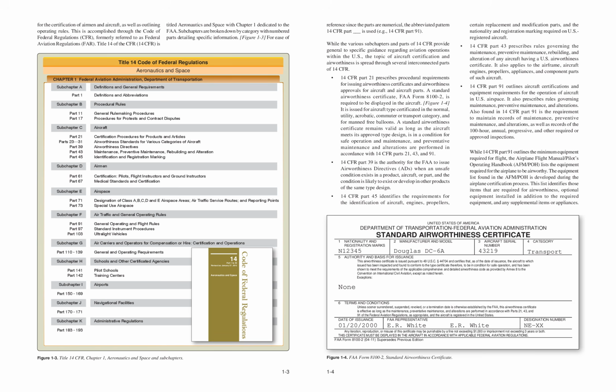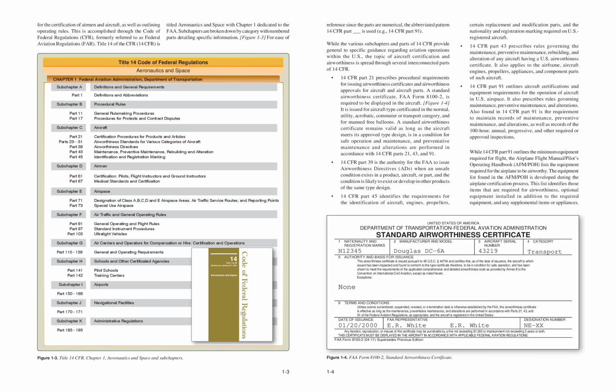Standard Airworthiness Certificate. 1 Nationality and Registration marks: N12345. 2 Manufacturer and Model: Douglas DC-6A. 3 Aircraft Serial Number: 43219. 4 Category: Transport.